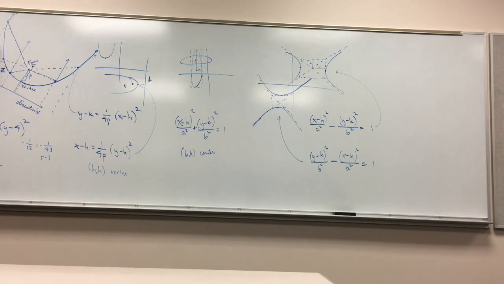What all these points have in common is that this distance always equals that distance. And that's why the eccentricity for a parabola is 1.